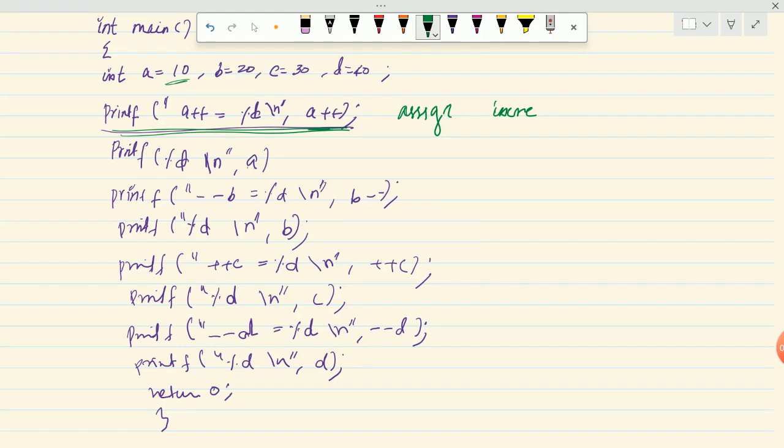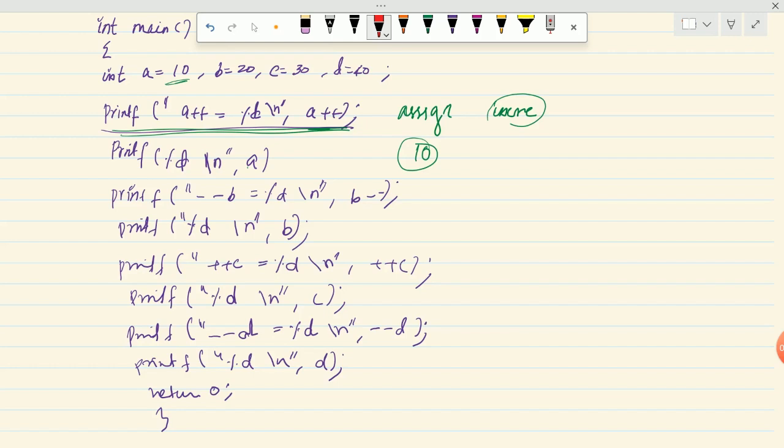For a it will assign 10 and then only increment. While you are printing, it will only print what is assigned, which is only 10. So whatever value is assigned, it is going to print. That is what a++ does.